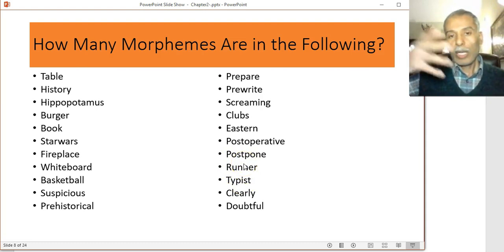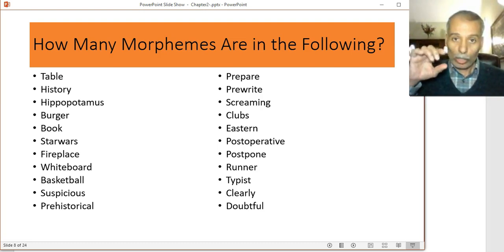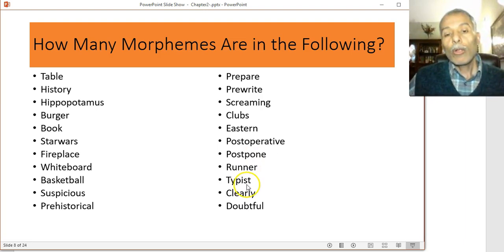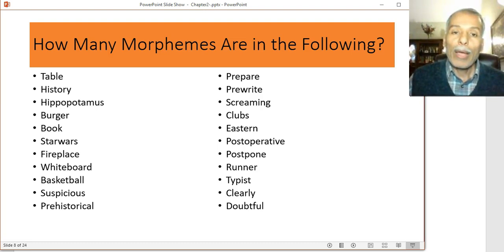And another test that you could do, in addition to stripping out the suffixes and prefixes, taking them out and bringing the word to its origin, you can also take the bound morpheme and see if you can attach it to other words so that it can mean the same. For example, pre.